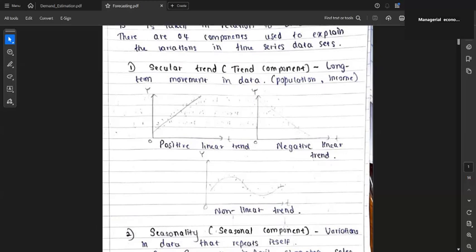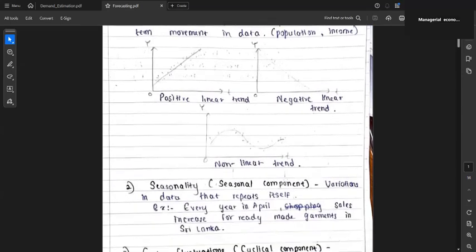So here, secular trend is the trend component. In trend, we take the long-term movement in data. So if you get a curve, here you can see there is a positive linear trend. There can be a positive linear trend, a negative linear trend, or a nonlinear trend.